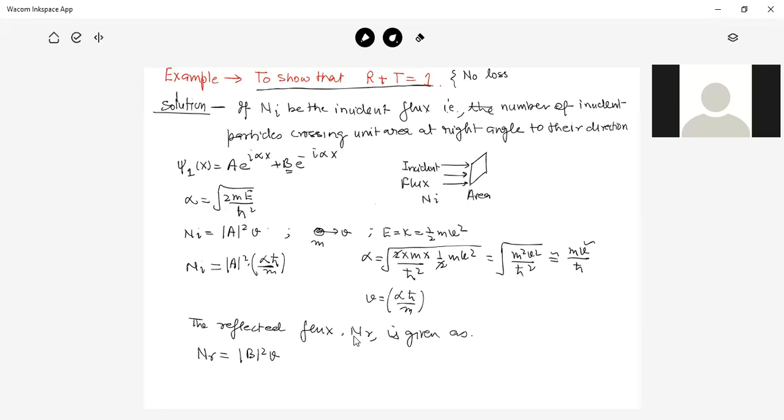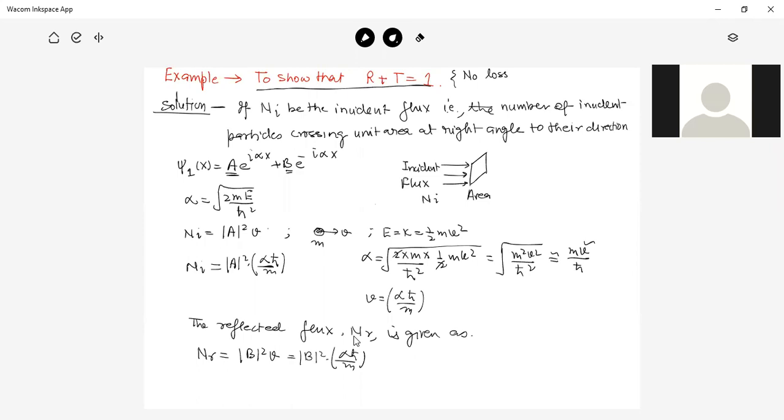So A is in the incident direction and B in the reflected direction. So this is v cross B, and v is alpha h cross by m. The velocity is alpha h cross by m.